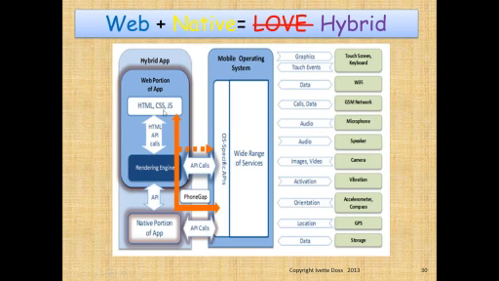And we also always have some portion that runs only online, straight from the browser, the web portion of the app. We communicate between these two portions, native and web, through a specific API.